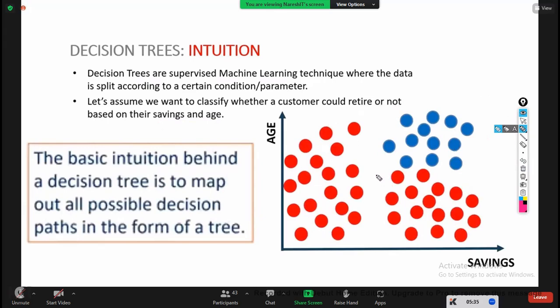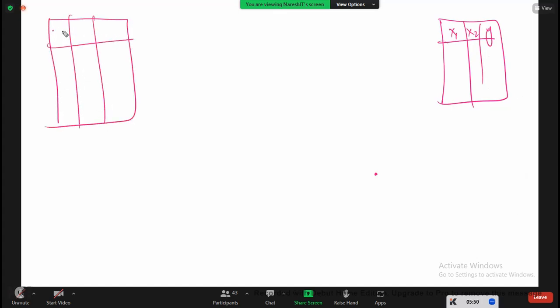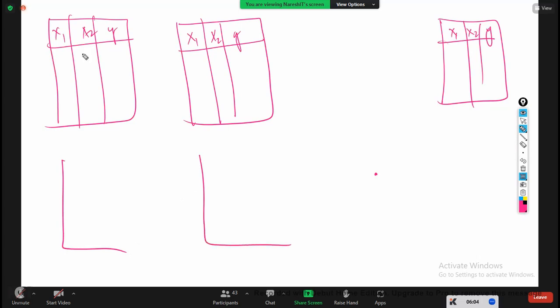Each data point, in order to make a scatter plot, requires one X variable and one Y variable. If you remember, in logistic regression also, I explained X1 and X2 with Y. In KNN also, I took X1, X2 and Y. In the SVM class, whatever we discussed, I took one X1 variable and one X2 variable and Y. In all of them, I showed you the scatter plot.